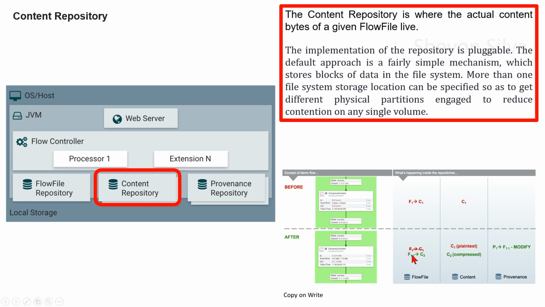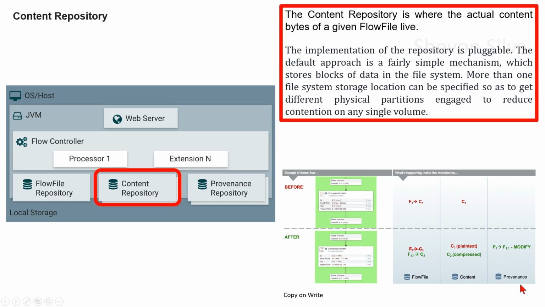Because the flow file repo is immutable, instead of modifying the old F1, the new delta F1.1 is created.